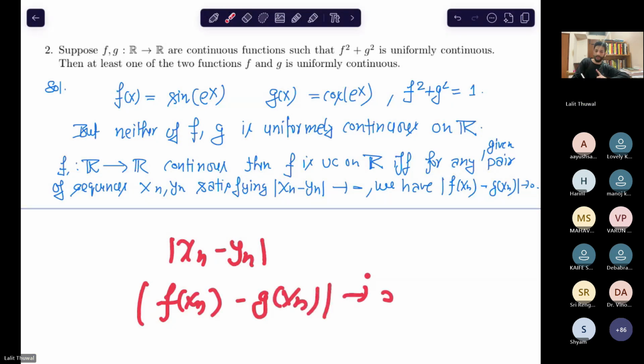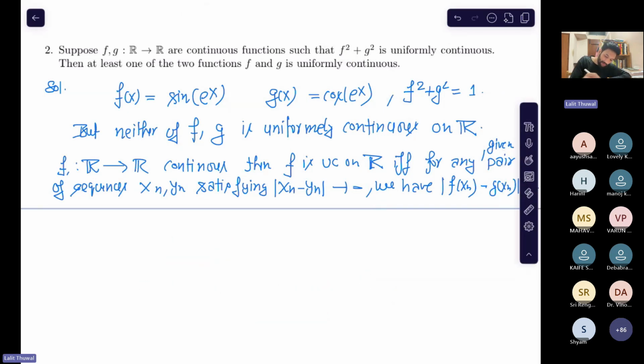This is enough to say that f is not uniformly continuous, from this result.